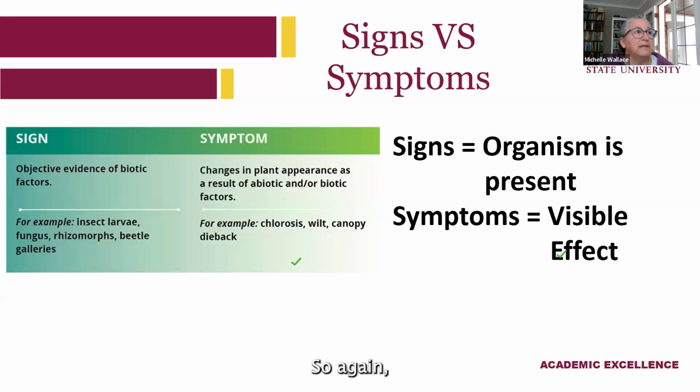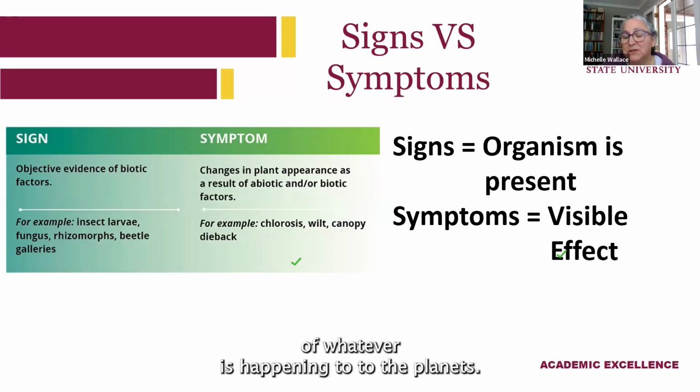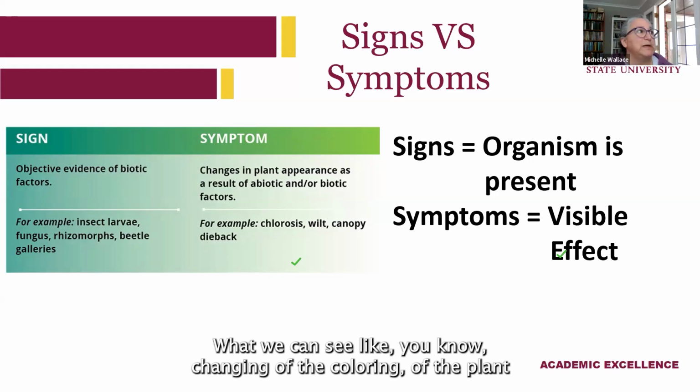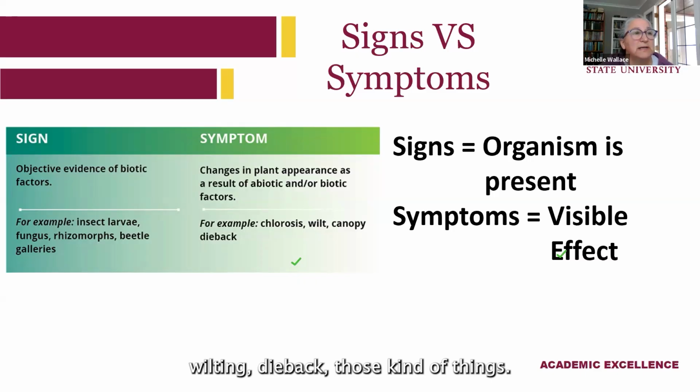Again, signs mean the organism is present. Symptoms are the visual effect of whatever is happening to the plant. It's what we can see, like changing of the coloring of the plant, wilting, dieback, those kinds of things.